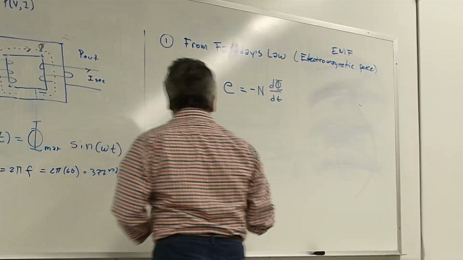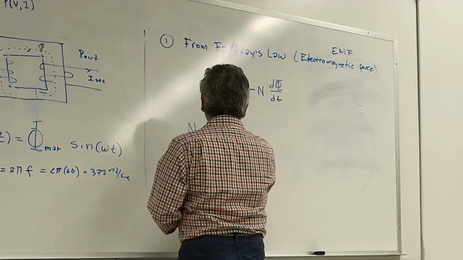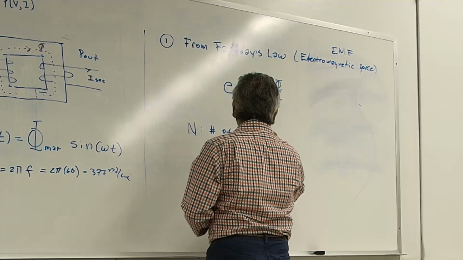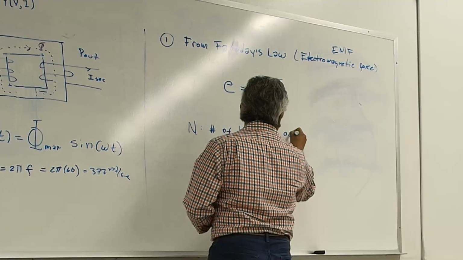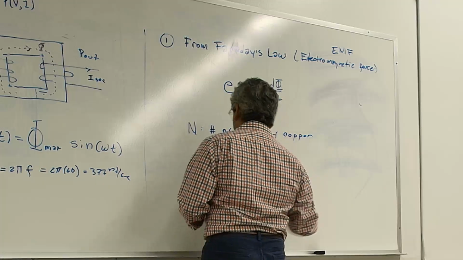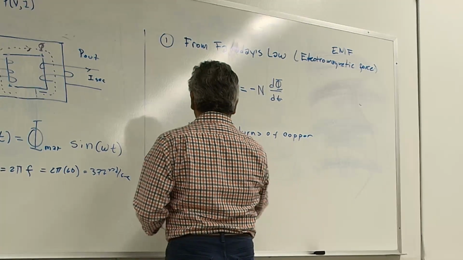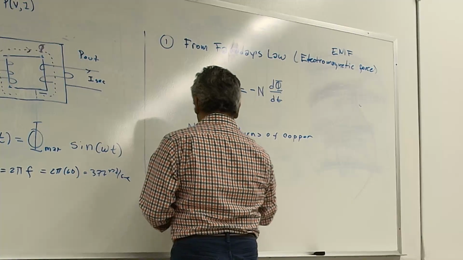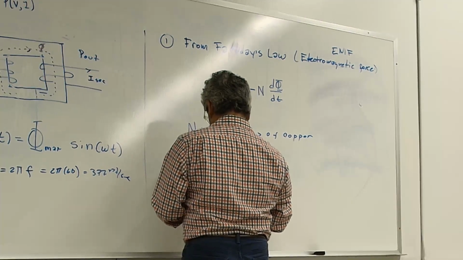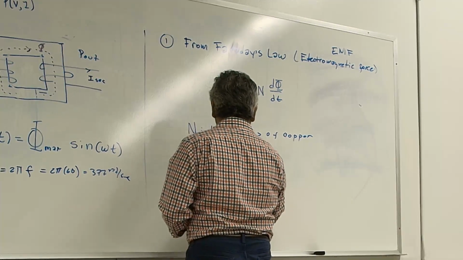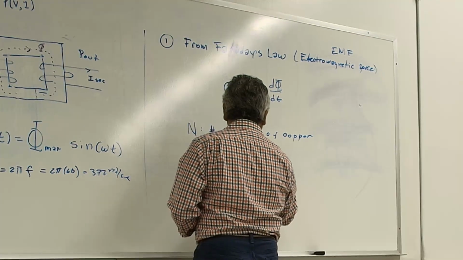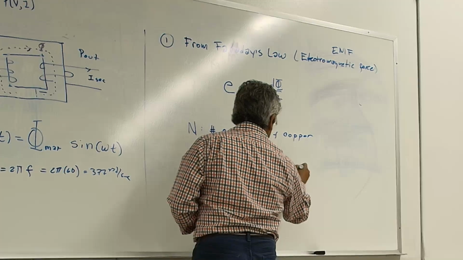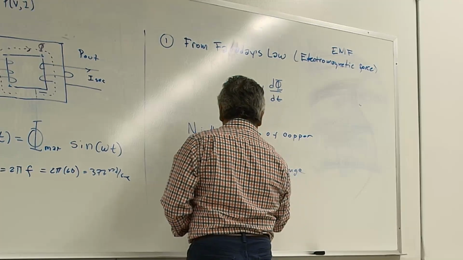That's N, the number of turns of copper. And then obviously dφ/dt is the flux rate of change with respect to time.